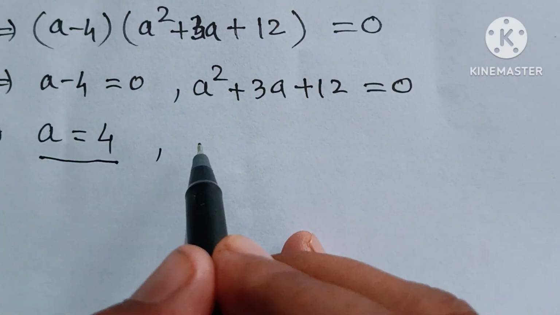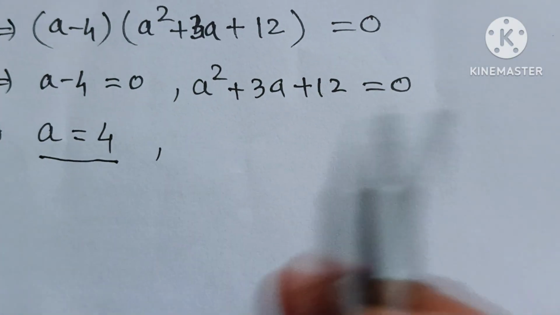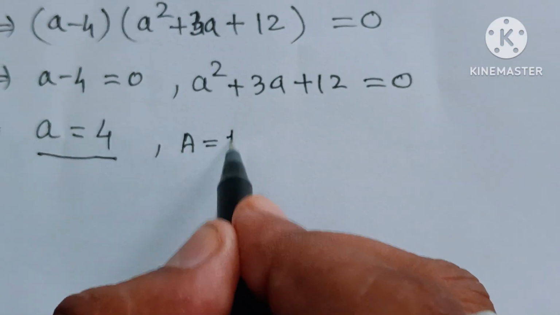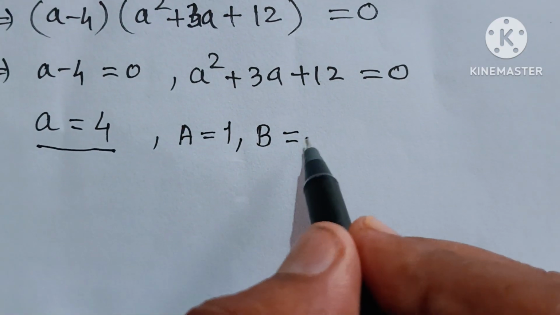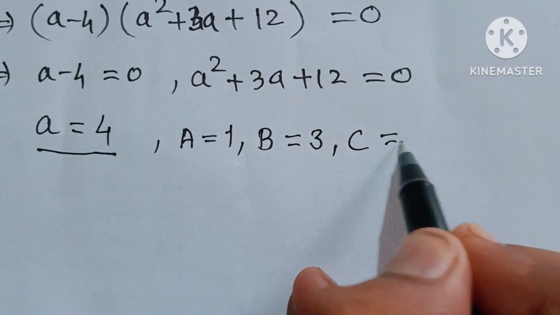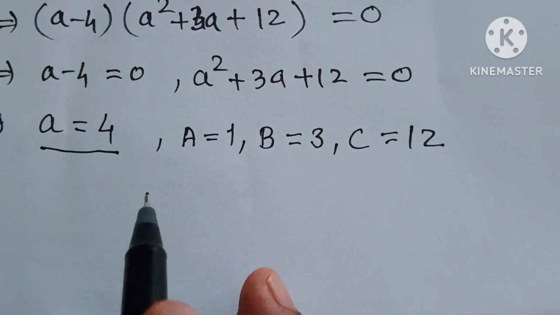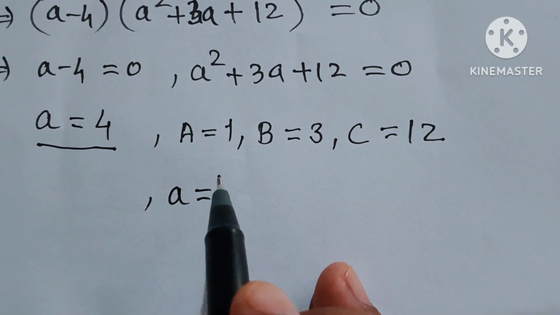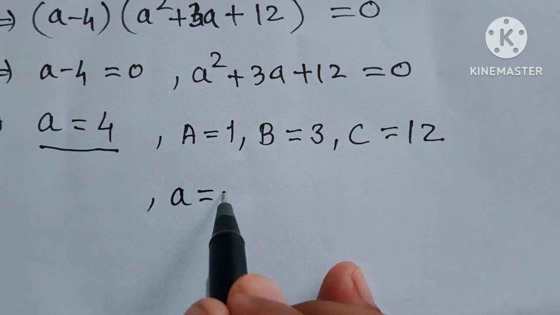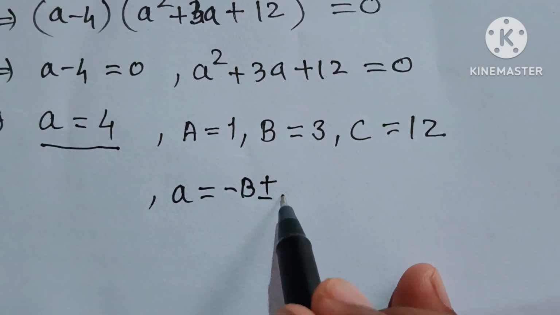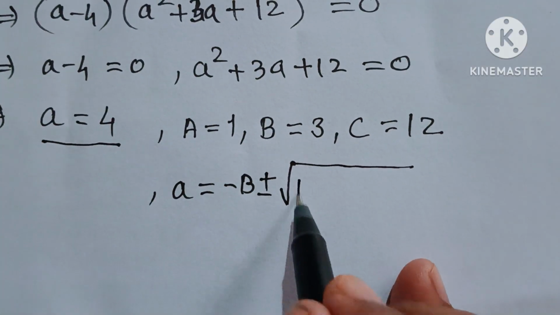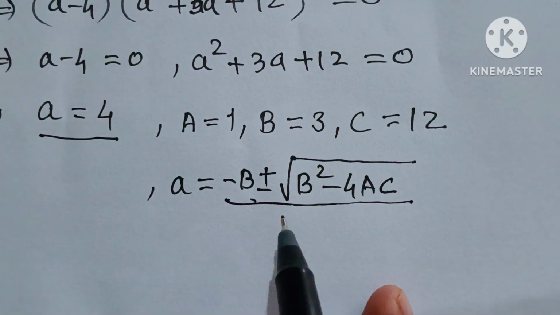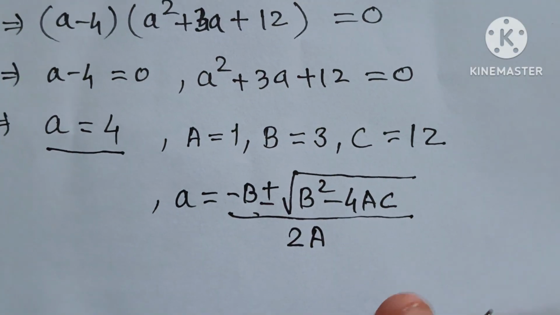Here we write the quadratic equation: a = 1, b = 3 and c = 12. So we use here the formula a = (−b ± √(b² − 4ac)) / 2a. Now here put the values.